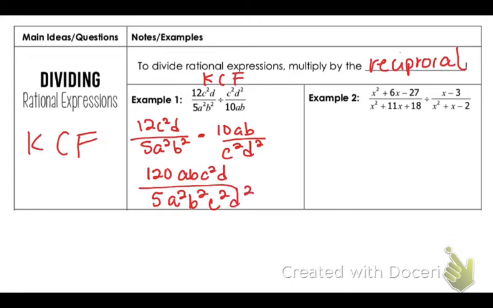And now that I've done this, I'm going to keep going and simplify this. So I'm going to be left with, okay, this is 24. And remember that the one with the higher exponent is the one where it's going to stay either at the bottom or the top.